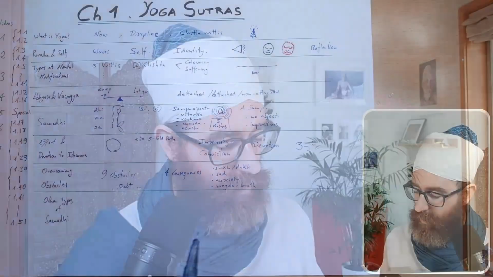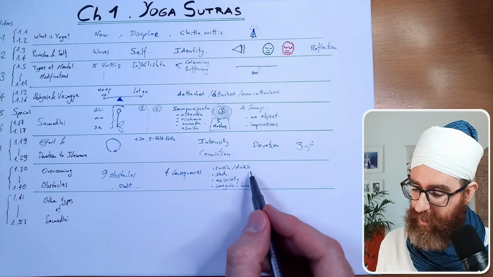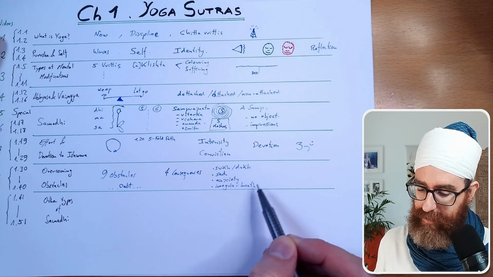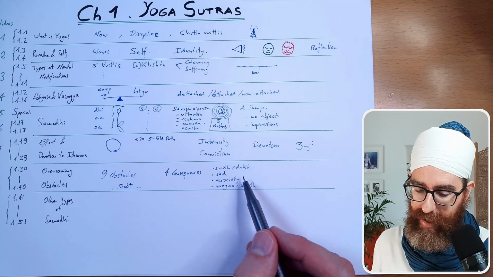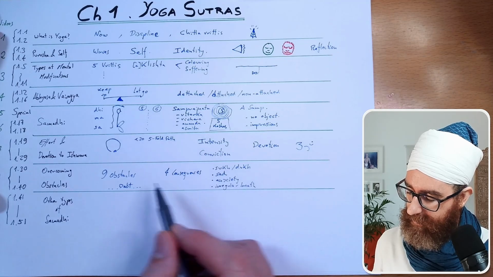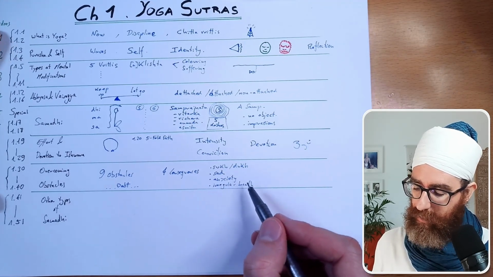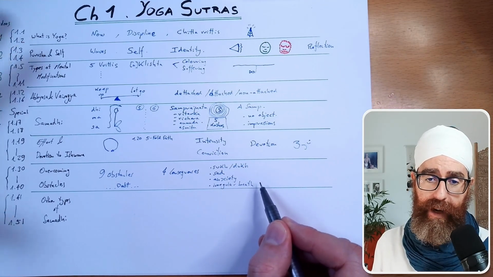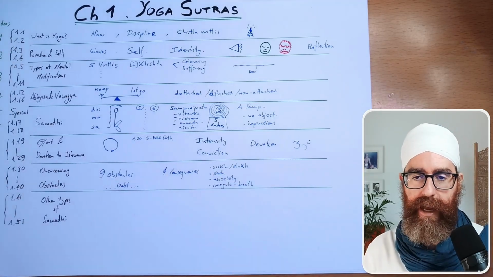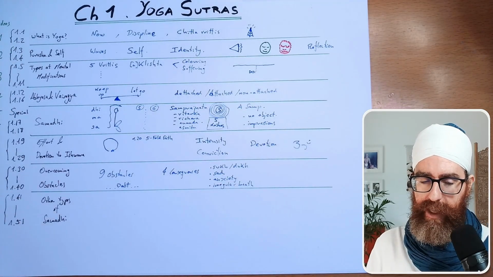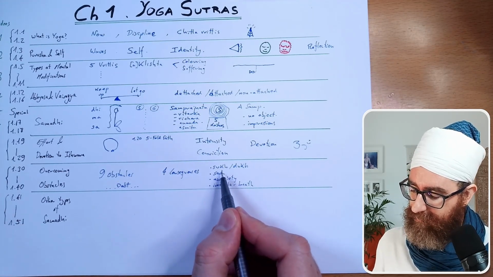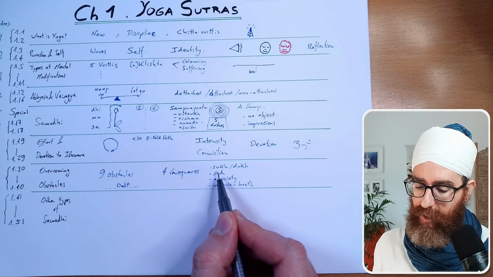And we saw this when we were going from 1.30 to 1.40. He was telling us, look, there is a certain attitude that you can take. There are these 4 consequences, and he's saying, well, focus on your practice, make your practice true, and then there are certain attitudes you can take. Be friendly towards those who are happy, towards the sukh. Be compassionate towards those who are sad.